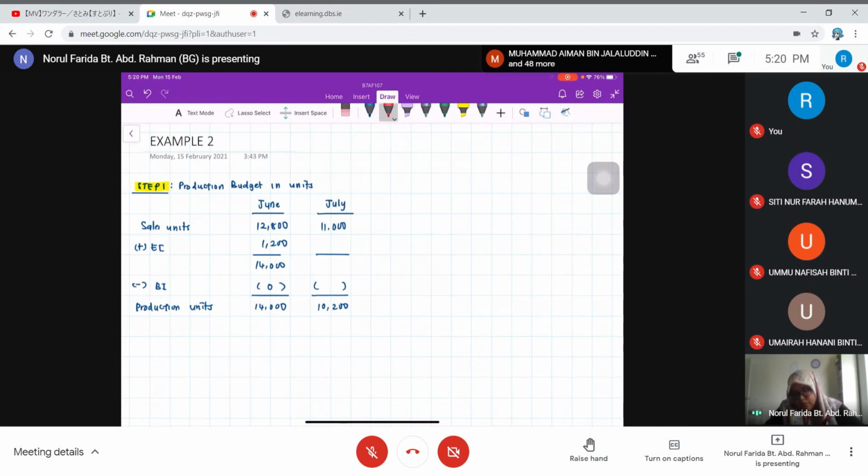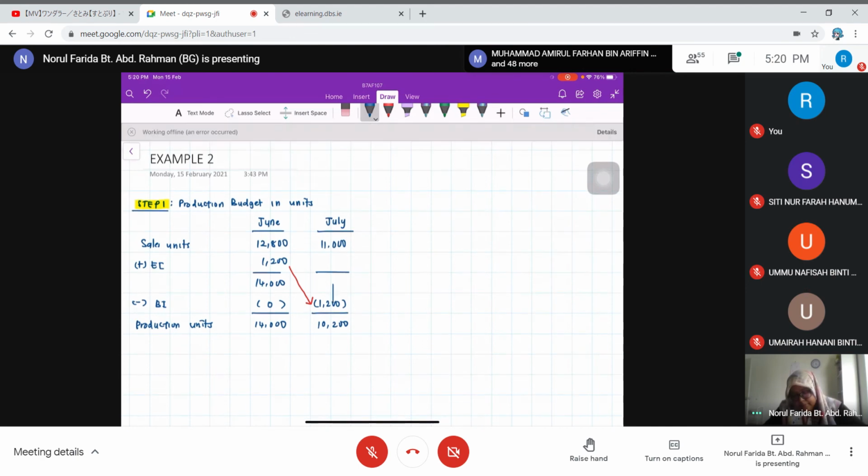So 1,200. Alright. So 11,400 minus 1,200 dapat ini. So yang ni akan jadi 400. Dikurang lah.